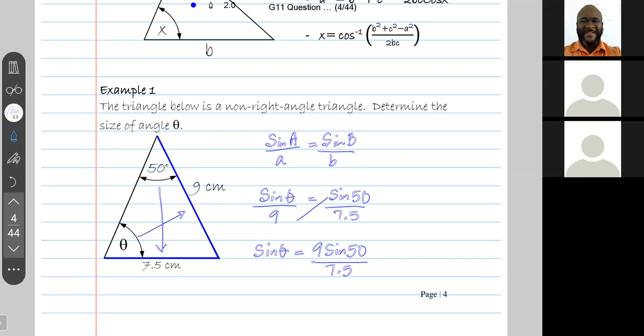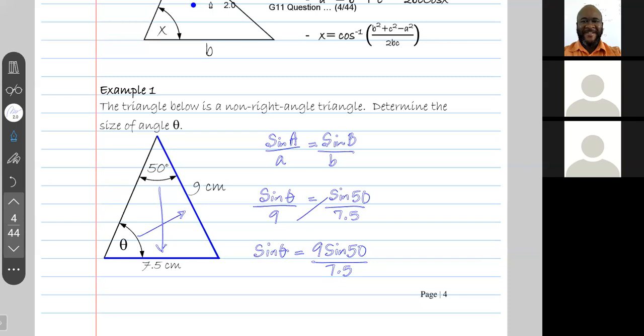That is sort of like a half cross multiply. There are other ways you could look at it, but you could say that you multiply both sides by 9, but just call it a half cross multiply. The 9 goes up to the top. What I'm going to do now, I'm going to punch 9 sine 50 divide by 7.5 in my calculator and write my answer to 3 decimal places.